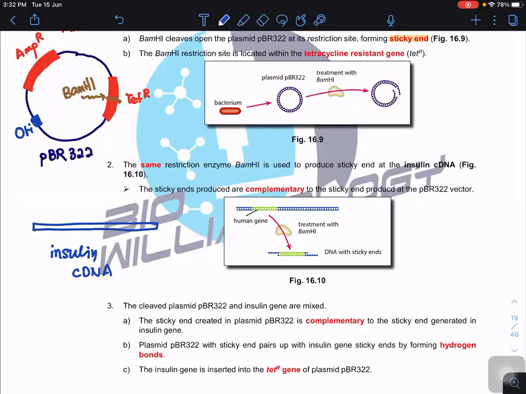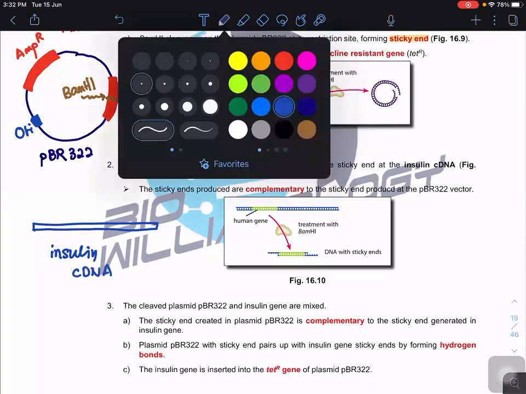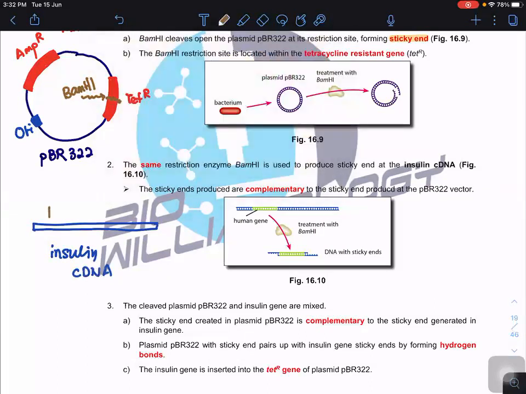In order to create the same sticky end, I need the complementary sticky end, so we also use BamHI to cleave it before and after the gene. This creates the sticky ends, and these two sticky ends are complementary to the sticky end of the plasmid.